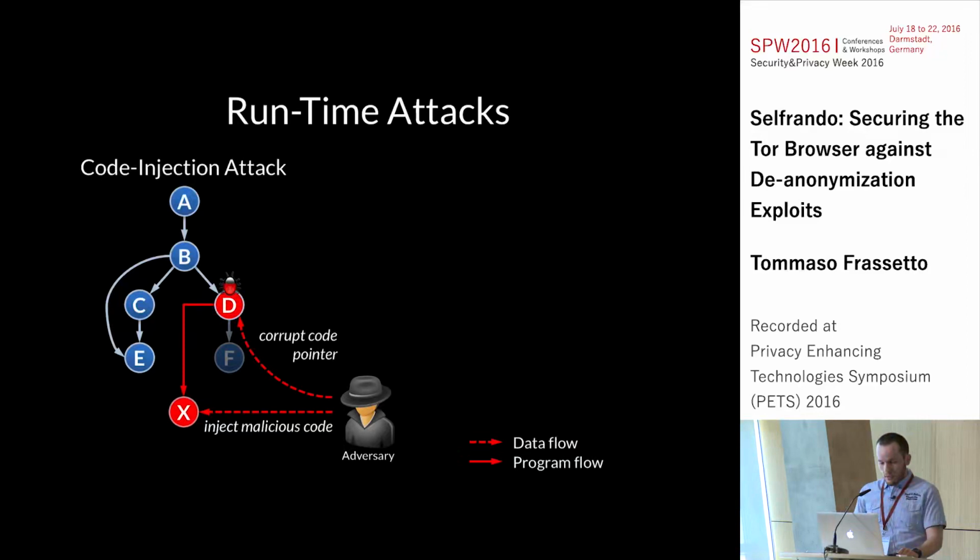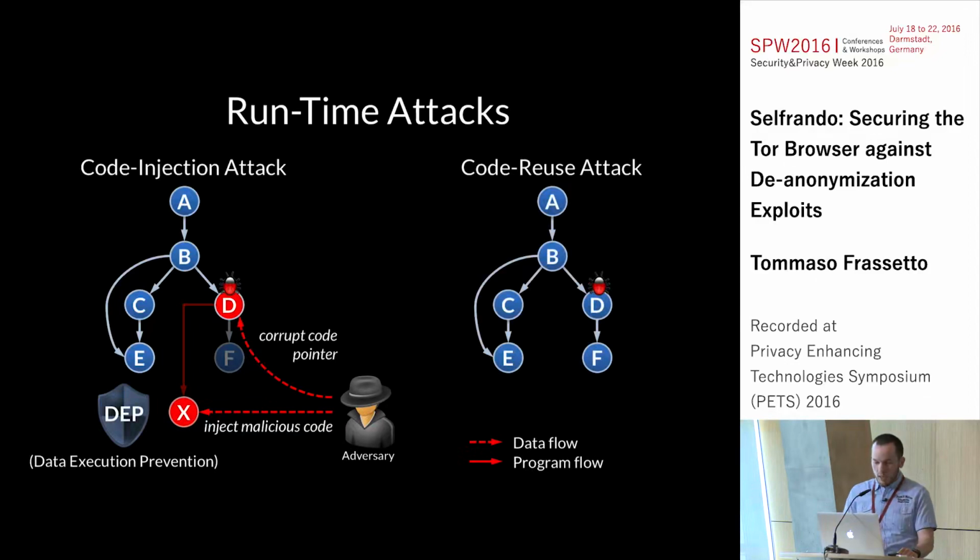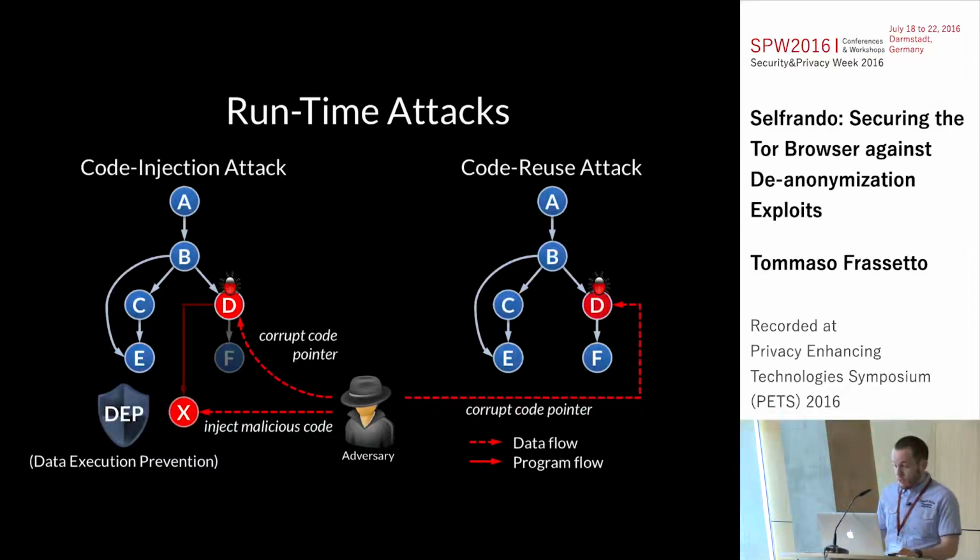With the widespread deployment of data execution prevention, or DEP, an attack like this is no longer possible. However, there is still the second option, which is a code reuse attack, which starts in a similar way with the attacker using the vulnerability, but the target of this vulnerability is not injected code.